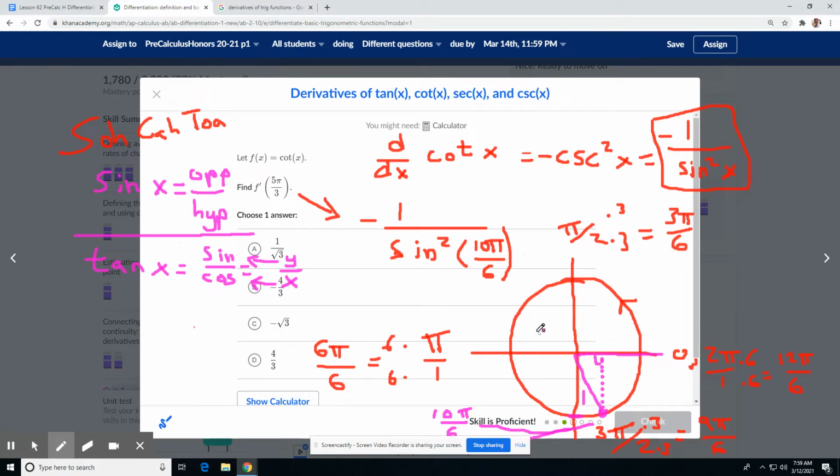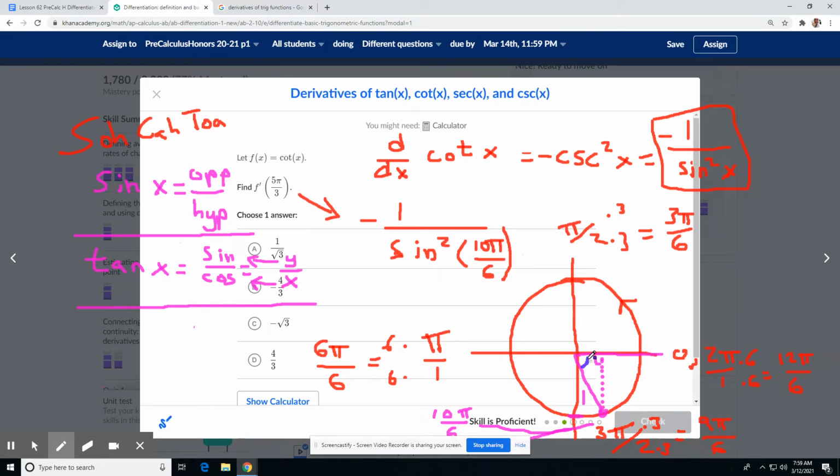Usually when doing these, it would land in a 30-60 or a 45-45 triangle. So let's see what the relationship is between this and the x-axis. All right, so basically what I'm trying to do now is, what is this angle right here? This angle given off my triangle.